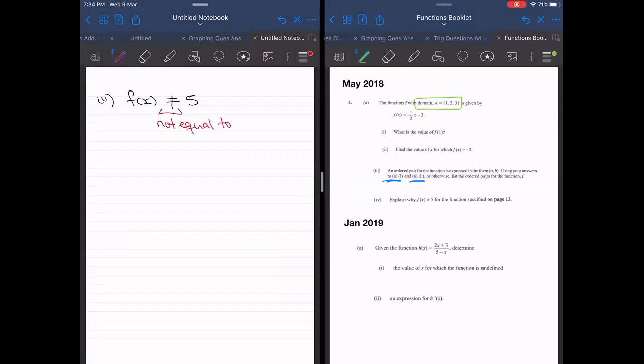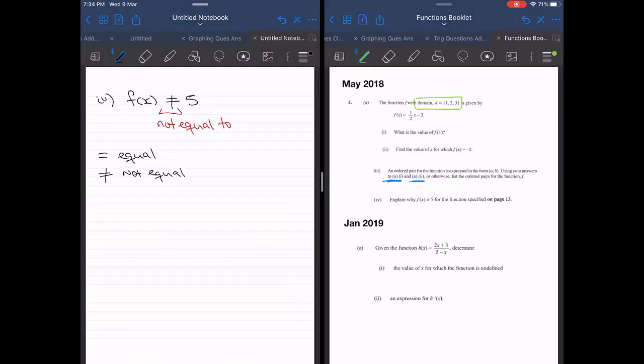When you see the equal sign by itself, that's equal; equal with a slash is not equal. So they're basically asking us, why can't f of x be equal to 5? Because they want us to explain.